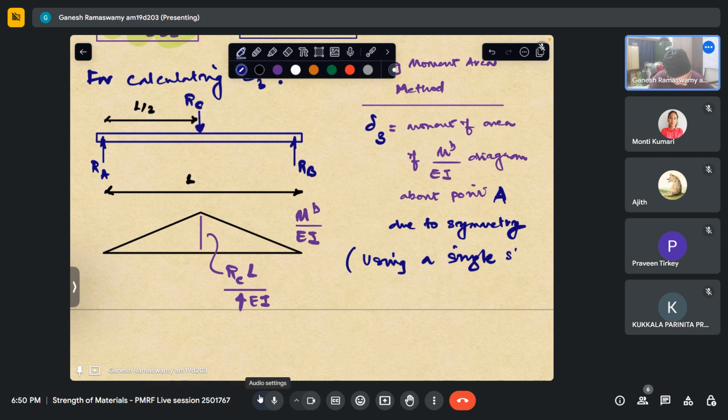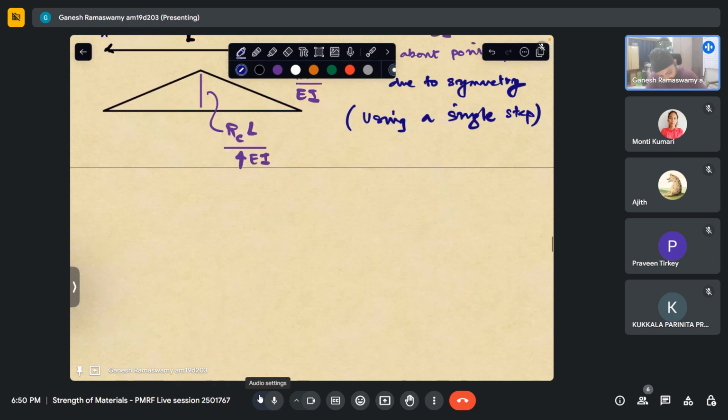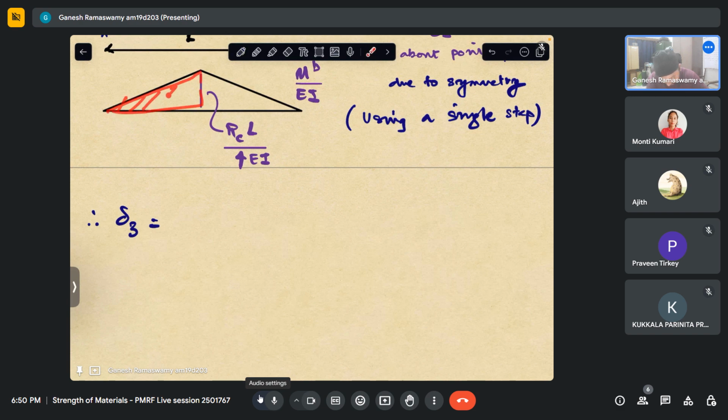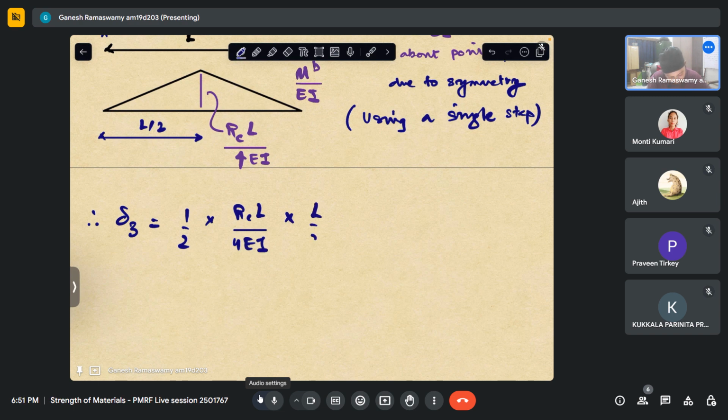So therefore, delta 3 is nothing but the area of this, which is nothing but, this is L by 2. So therefore, the area is half into RCL by 4EI, half into base into height, into, we know that the centroid of this M by EI diagram is somewhere over here, which is at a distance of 2/3 of the base of the triangle, which in itself is L by 2.